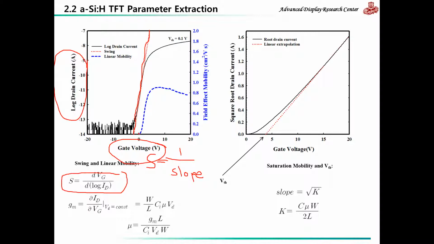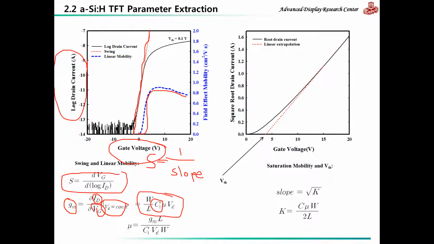Now this dashed blue line is the field effect mobility, which is calculated from the transconductance GM, and GM is given by the slope of ID versus VG at constant drain voltage, and this is equivalent to W over L times CI times mu times VD.